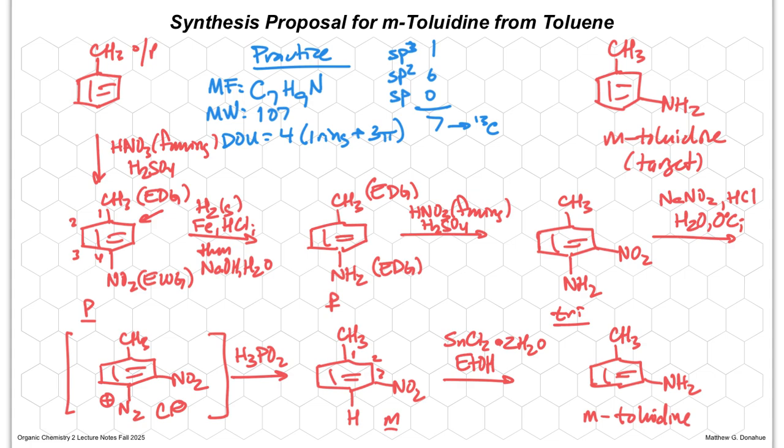So including the NH2 group, how many sets of hydrogen would you expect to see? Six.